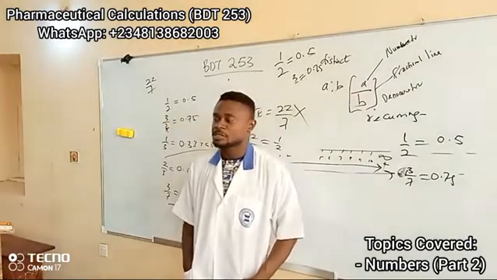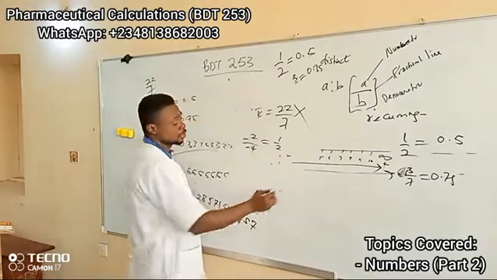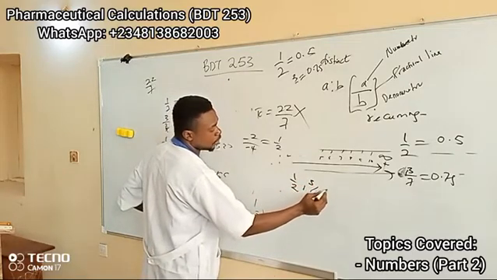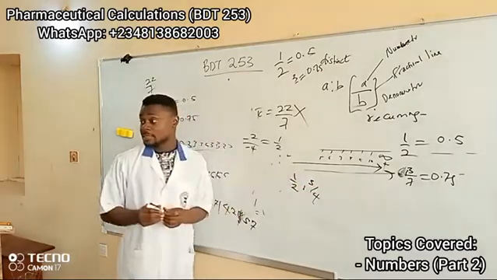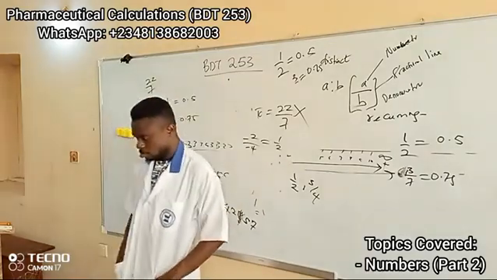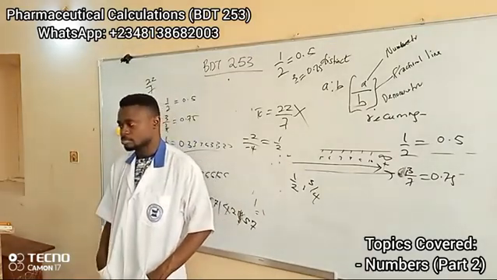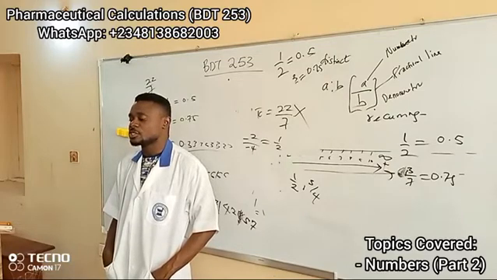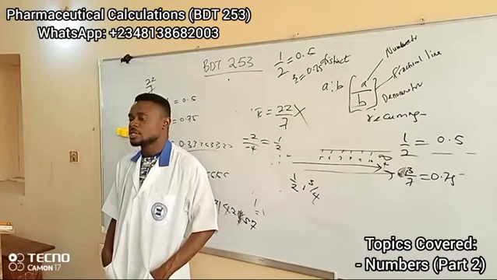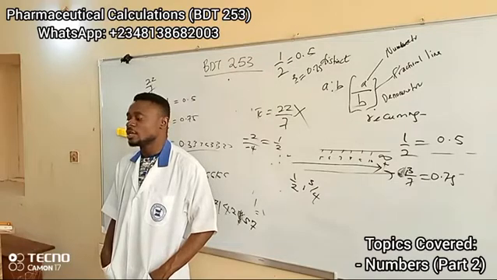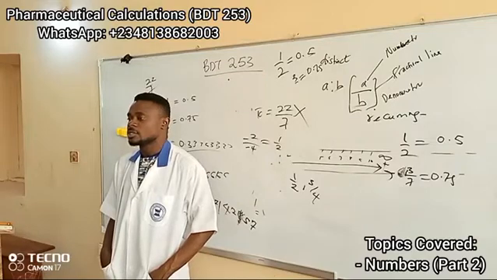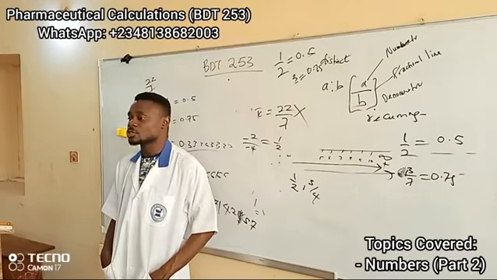Improper fraction, example, you have 1 over 2, 3 over 4. You can look for more examples, okay? In improper fraction, the numerator is greater than the what?